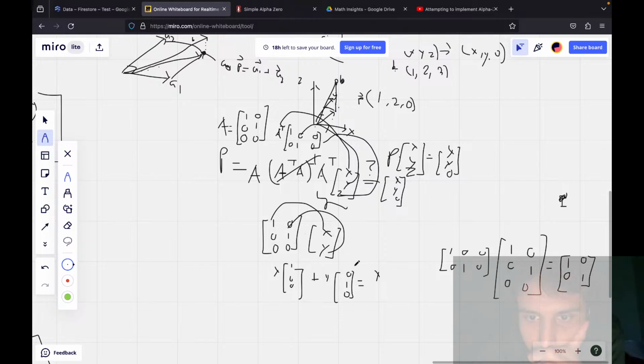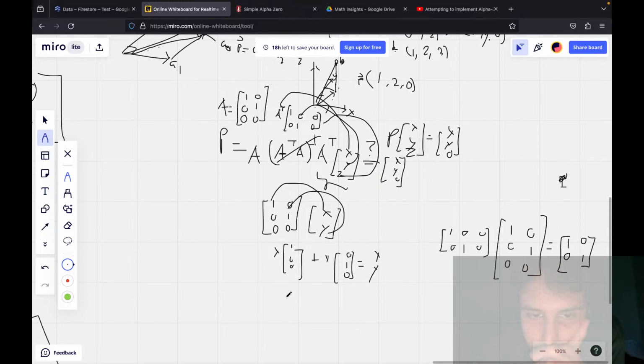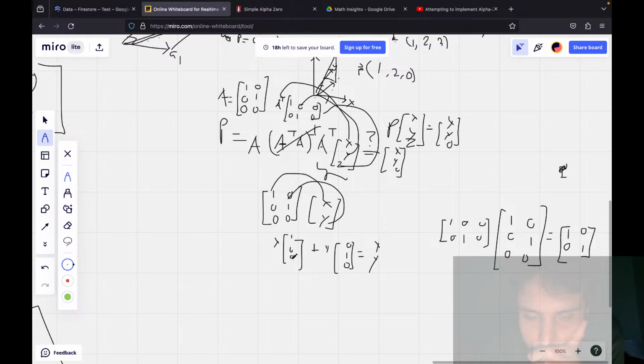Here, x0, y1, and then that's 0, 0, that's just 0, right? So indeed, we have shown that this P applied to x, y, z ultimately gives us x, y, 0. So projecting any x, y, z vector onto the xy plane, where that's the A, indeed zeroes out the z. So I think that wraps up this projection matrix.